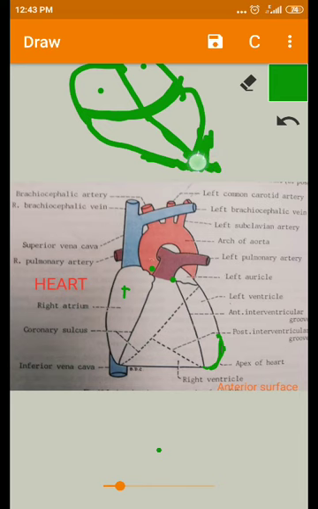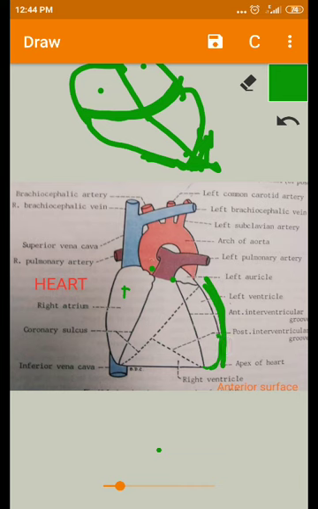And this apex is overlapped by the anterior border of the left lung.